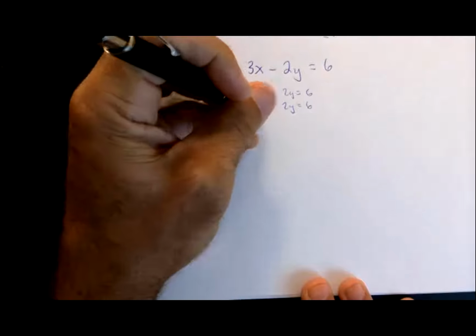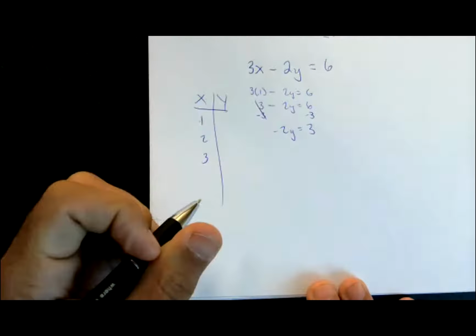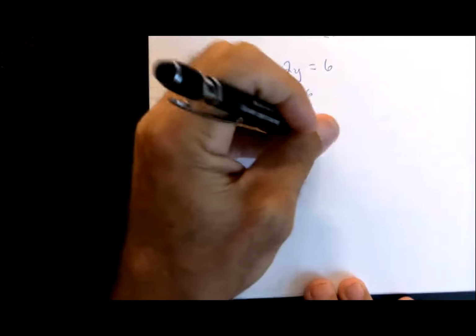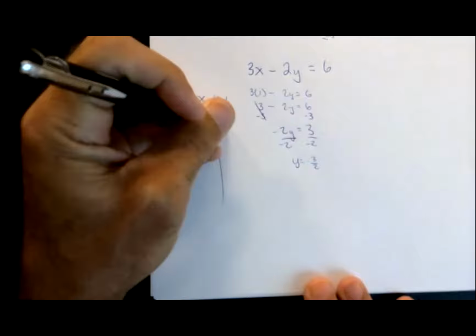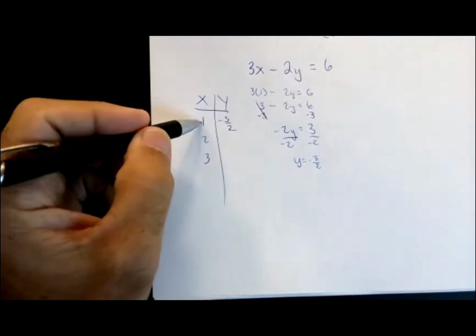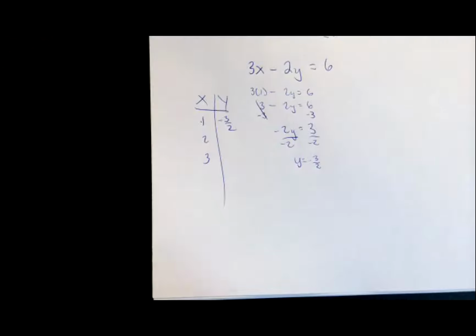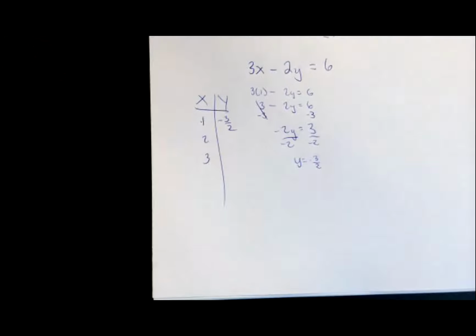If I want to solve for Y, subtract 3 from both sides. Negative 2y equals 3. So when I divide by negative 2, I get a fraction. So yes, you can just randomly pick an X and you can solve for whatever Y value would work. However, you might not always get something that's really pretty or easy to graph.